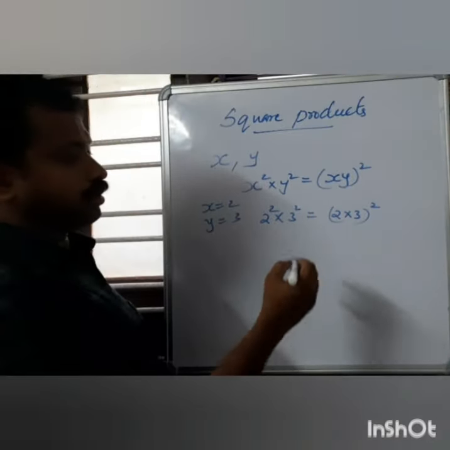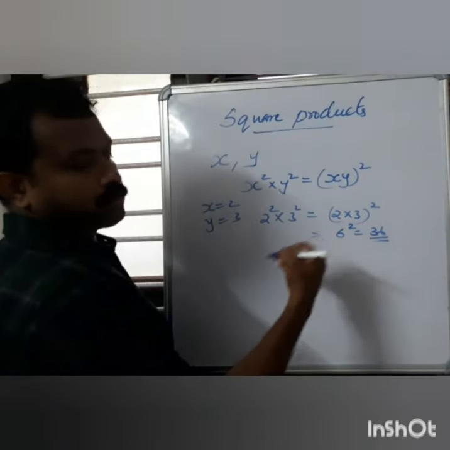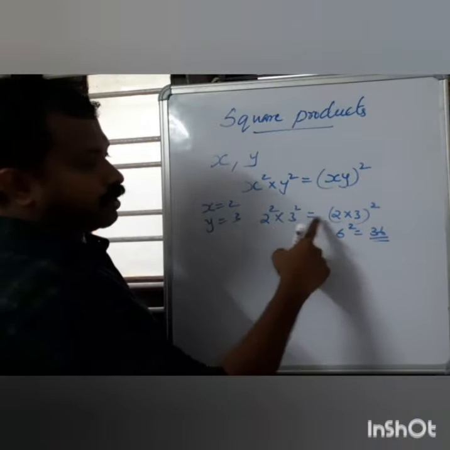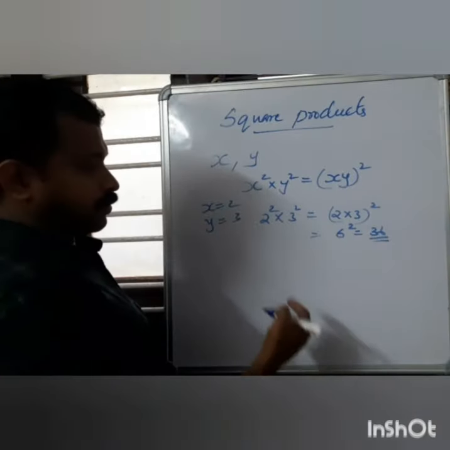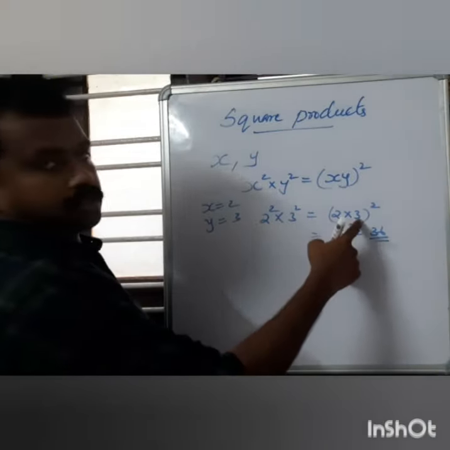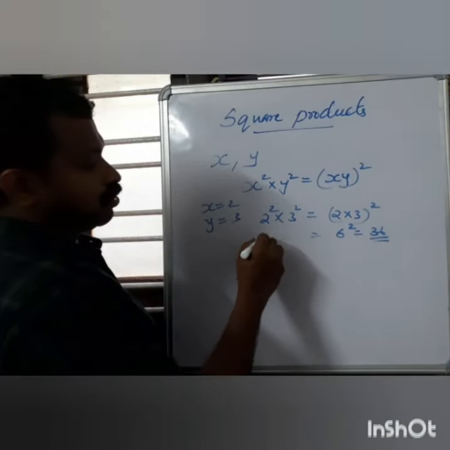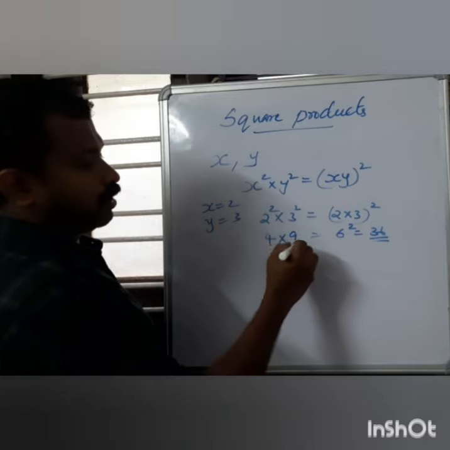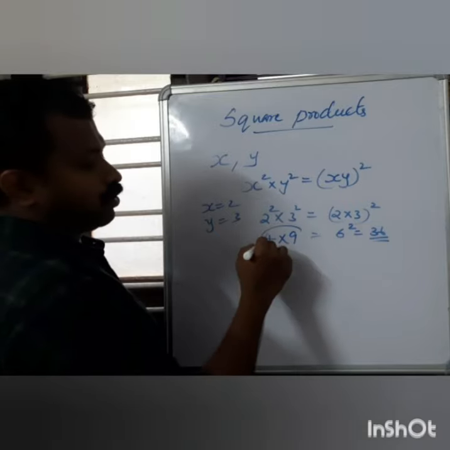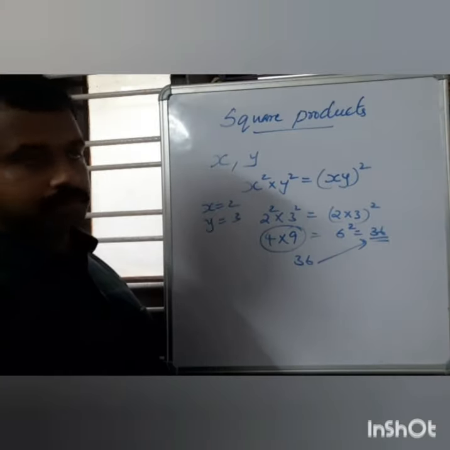So 6 square, that is 36. x square into y square is x into y whole square. Or we can multiply like that: 2 square is 4, 3 square is 9, 9 into 4 is 36. That's the same that you are getting here also.